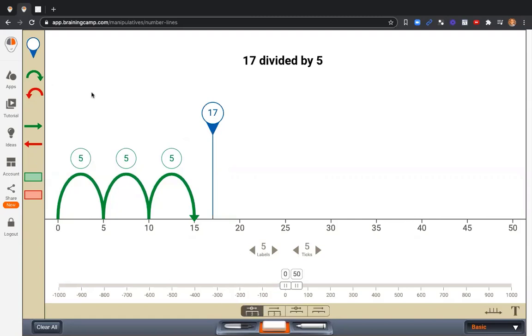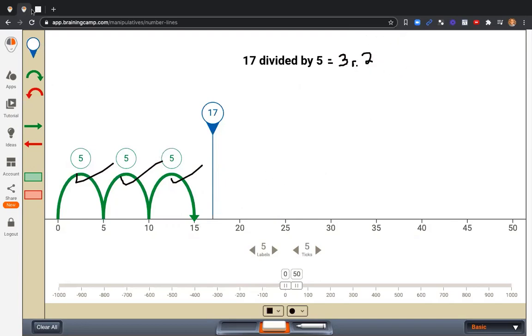Notice that I cannot make a 4th group of 5. A 4th group of 5 would be 20, and I do not have enough if I start with 17. So 17 divided by 5 is 3, with a remainder or a leftover of 2.